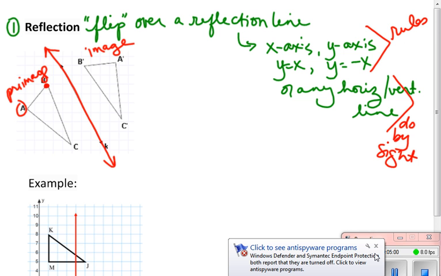So this point B went to B prime. Now, one of the things we're not going to really get into, but one of the unique things is from the reflecting line to each point is the exact same distance and perpendicular. So C to C prime is the same distance from this point right there, and perpendicular. A through the line to A prime, this side to this side is the same distance, and it's perpendicular.